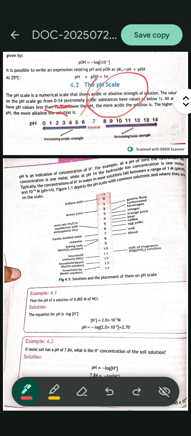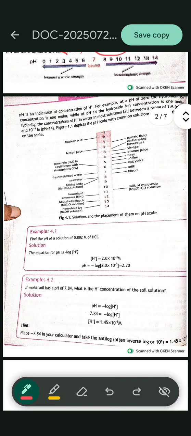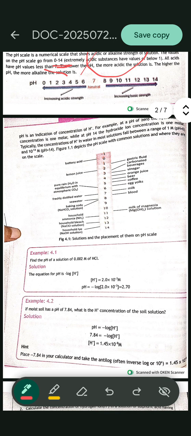Extremely acidic substances have a value below 1, and all acids have pH values less than 7. So the lower the pH, the more acidic the solution is. The higher the pH, the more alkaline the solution is.